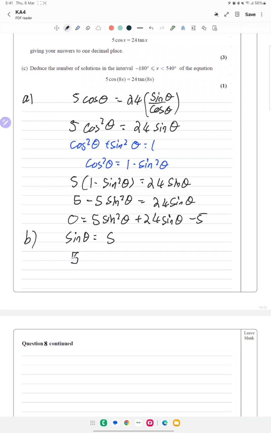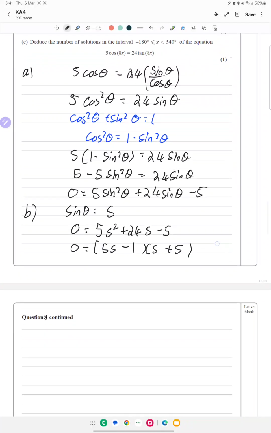So we've got 0 is 5s squared plus 24s minus 5. We can factorise that. 5s, what's it going to be? Plus 5, minus 1.